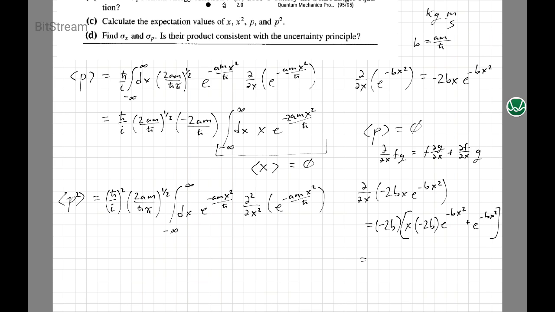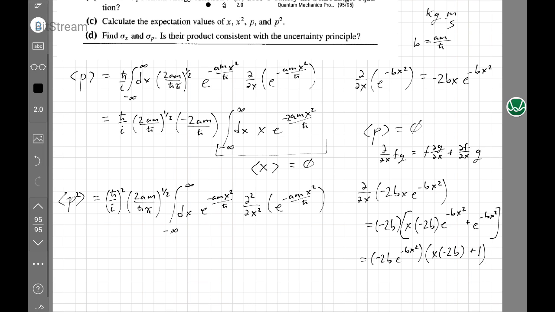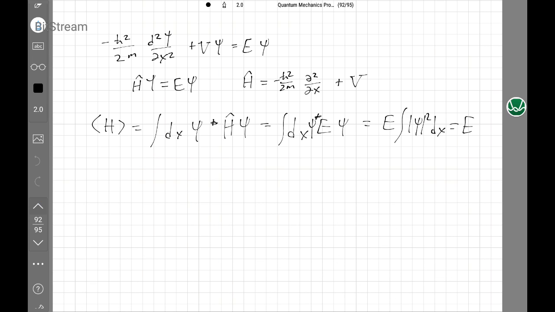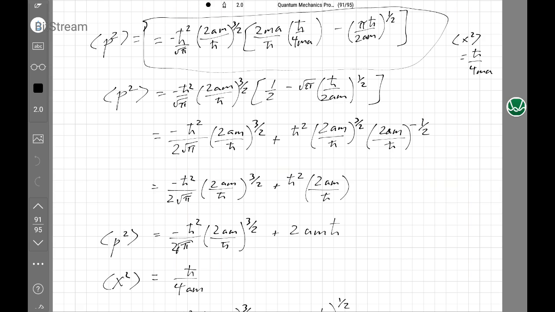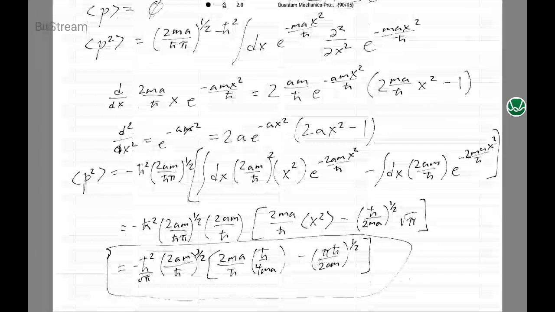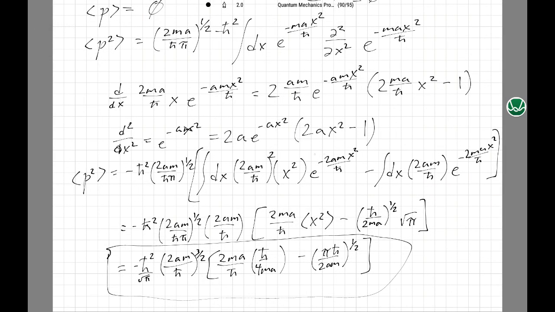Okay, so what I get if I simplify that is I get negative 2b times e to the stuff times x negative 2b plus 1. And oh yeah, to make it more confusing on myself, I was using a before, which is very silly.